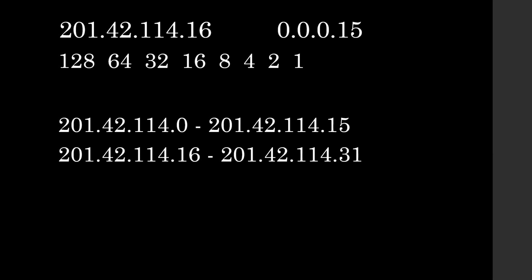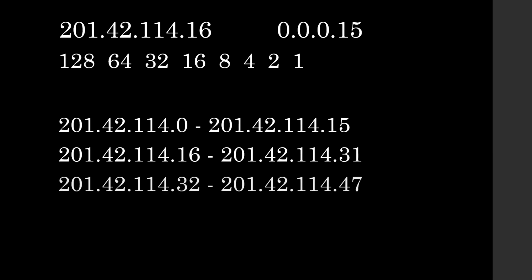So we determine the ranges. We have 201.42.114.0 up to 15, 16 to 31, 32 to 47.